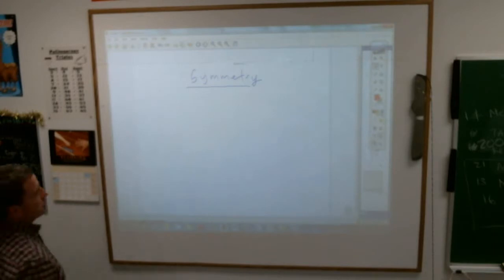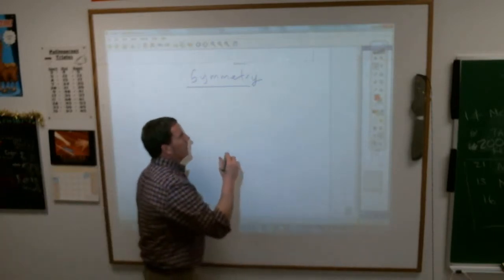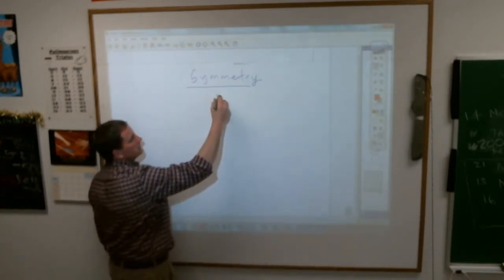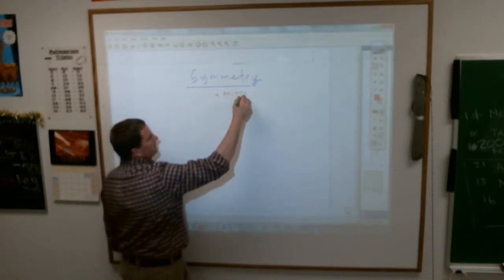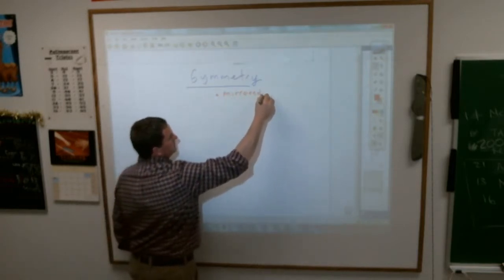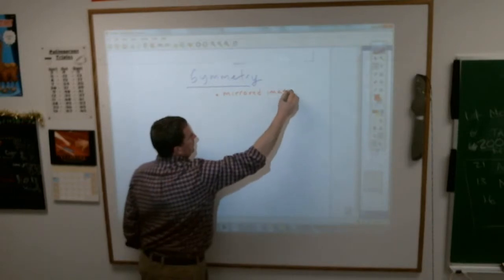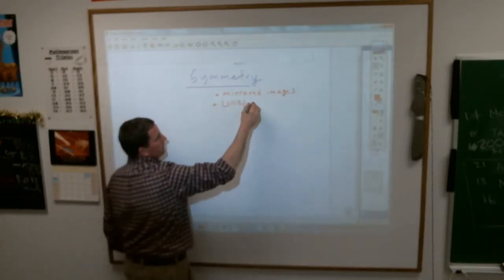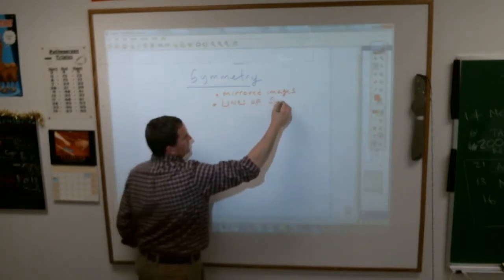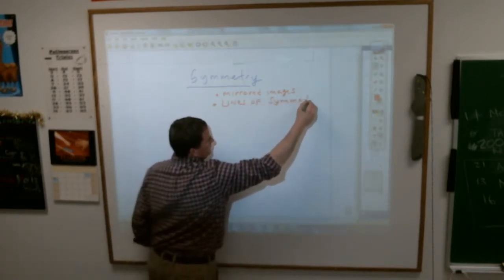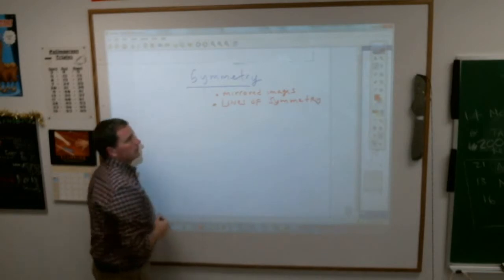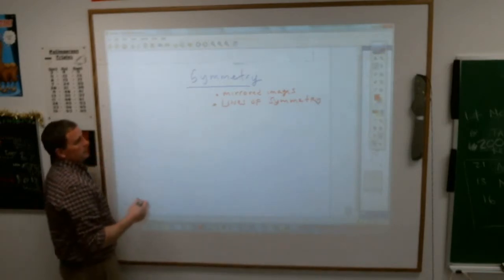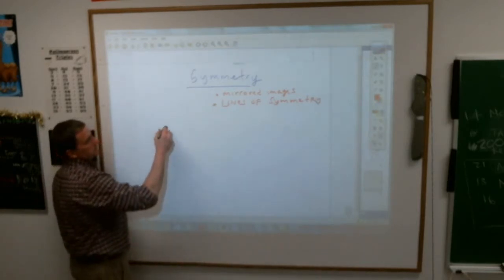And when we talk about symmetry, we talk a little bit about mirrored images, or what we call lines of symmetry. By that, for example, we mean something like this.